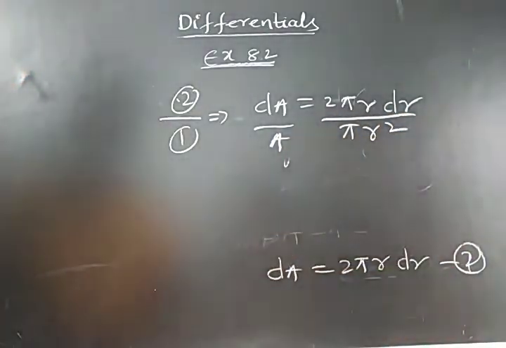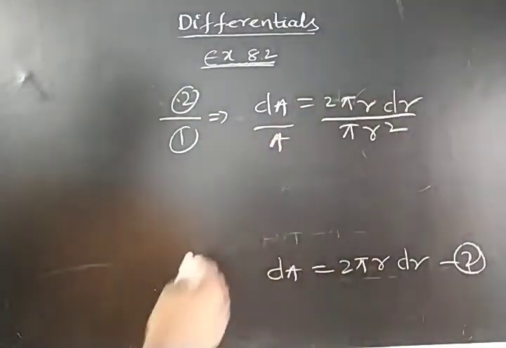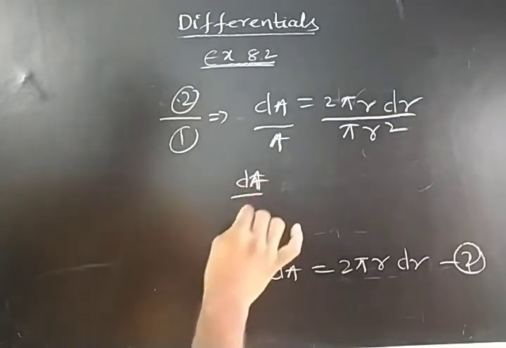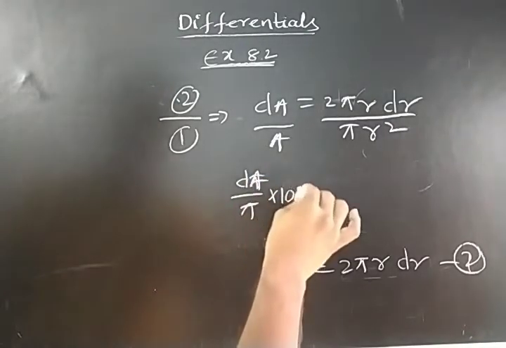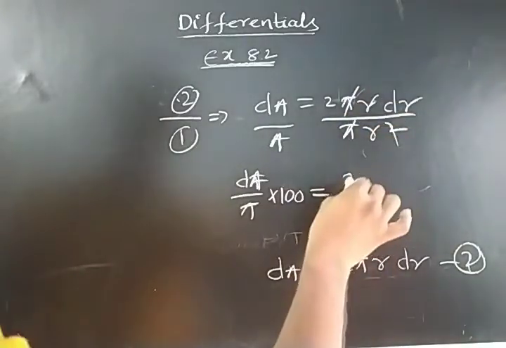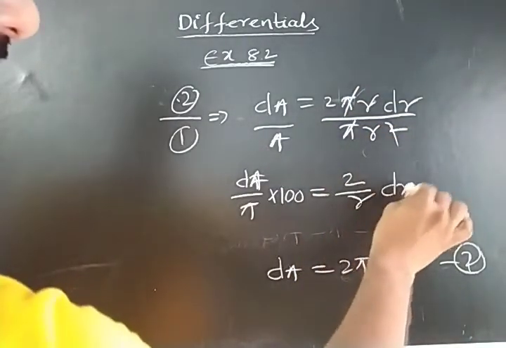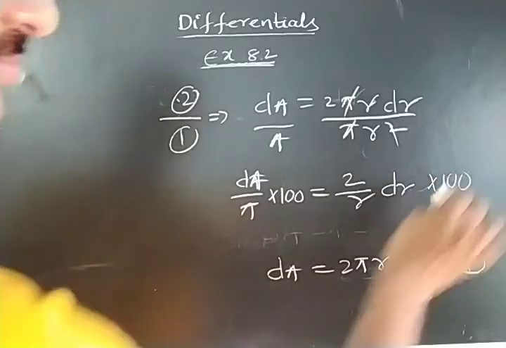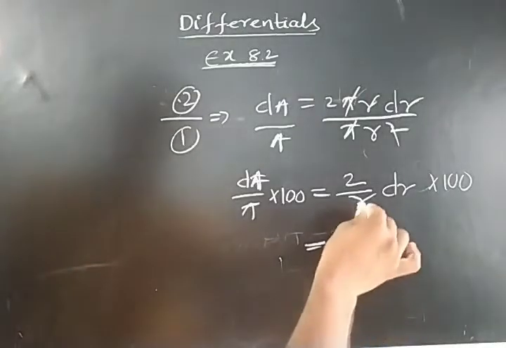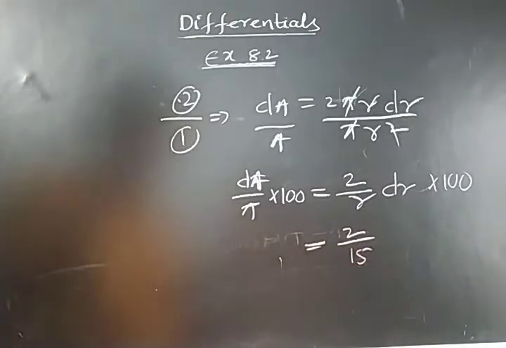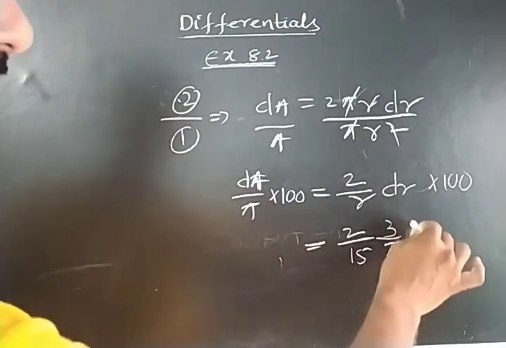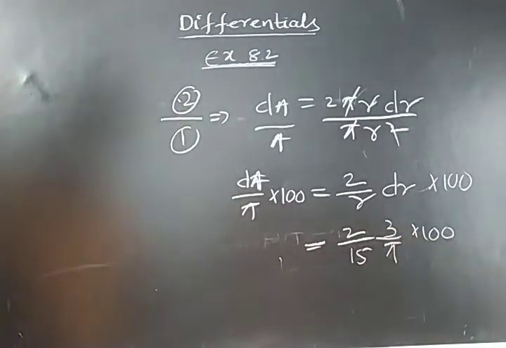Now I need the percentage, so I am multiplying by 100 on both sides. dA by A into 100: pi cancels, one r cancels, so 2 by r dr into 100. The diameter is 30 centimeters, so r will be 15, and dr is 3 by pi, into 100.